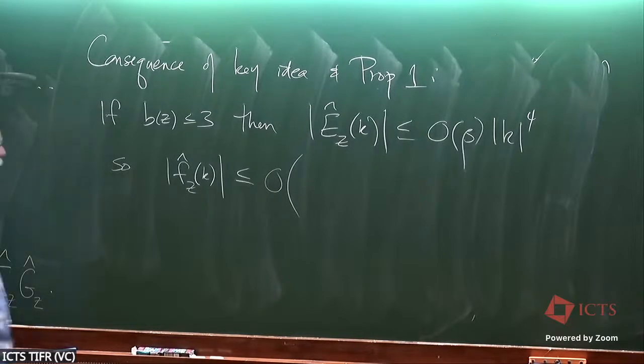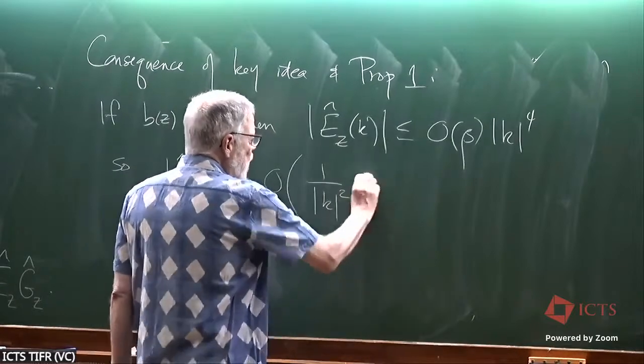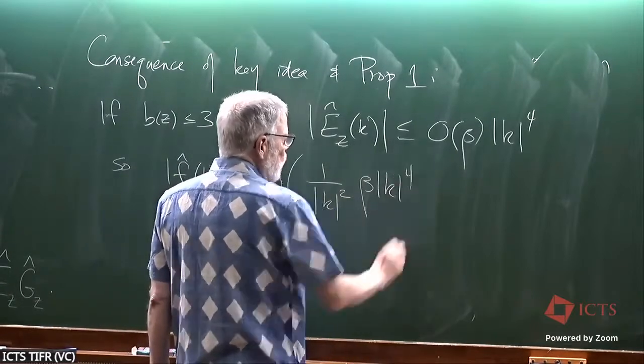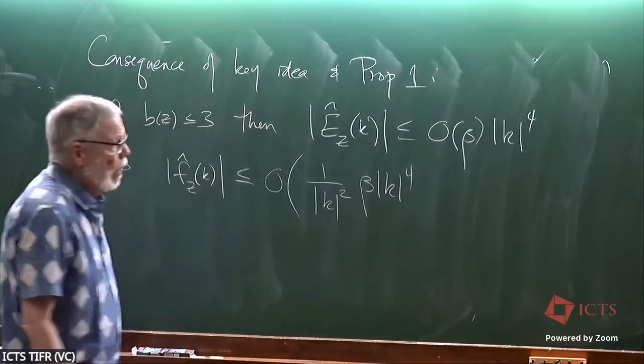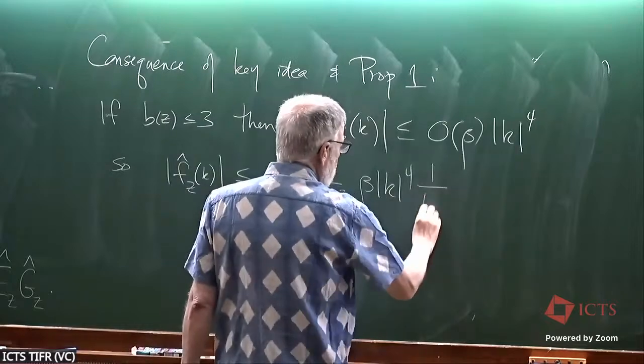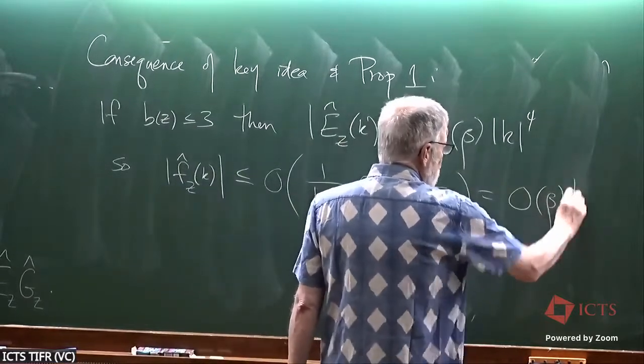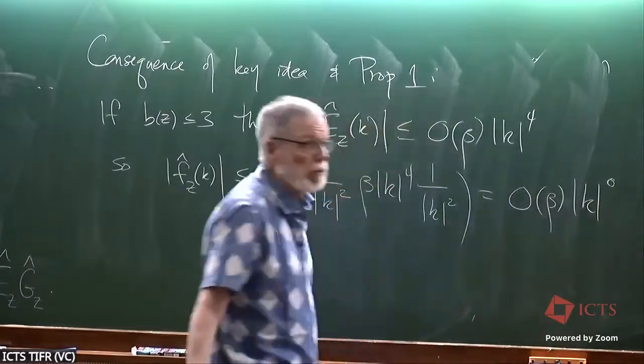So that C hat is going to be bounded by 1 over k squared. And then the E is bounded by beta times k to the fourth. And the G, which is 1 over F is bounded below by constant multiple of k to the fourth. That was the infrared bound that was part of the last conclusion of proposition 1. So we get another 1 over k squared here. So it's order beta times k to the 0, if you like.